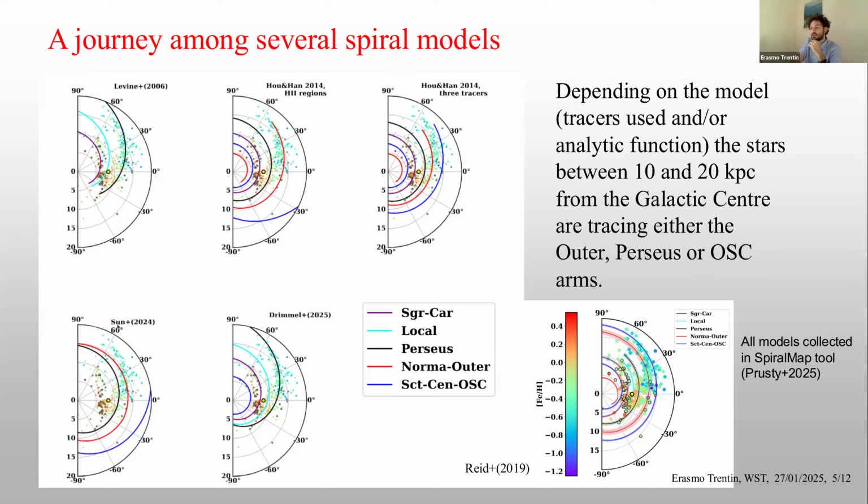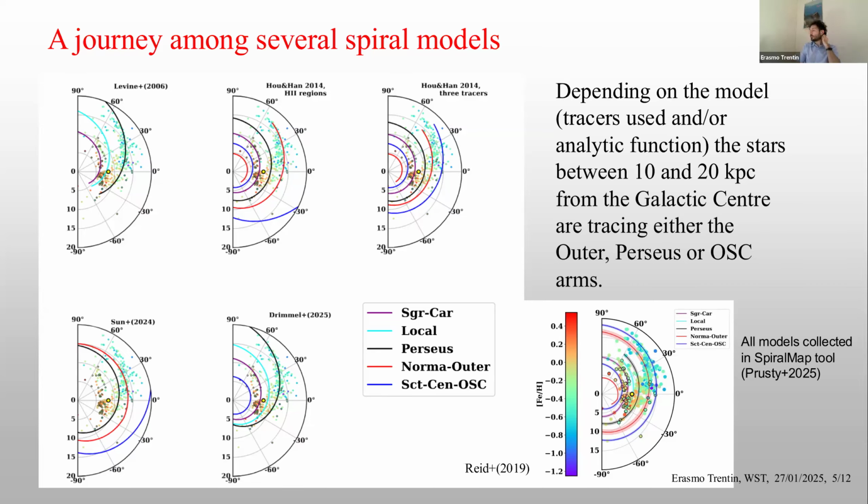Other models, like Sun and collaborators or Wu using HII regions, go back to agreeing with what I already said for Reid, where our stars seem to trace the outer arm, but there are also other models, always by Wu in 2014, where using three different tracers, the structure of the OSC arm changes drastically. So for now, the structure of the Milky Way is still an open debate.